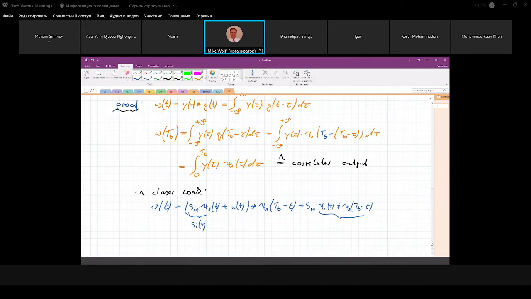This makes sense because if you take a look at the autocorrelation function at tau equal to 0, you can see the energy. So if you want to have an idea what happens, you could say the matched filter basically focuses the energy of the received signal component at the sampling time.